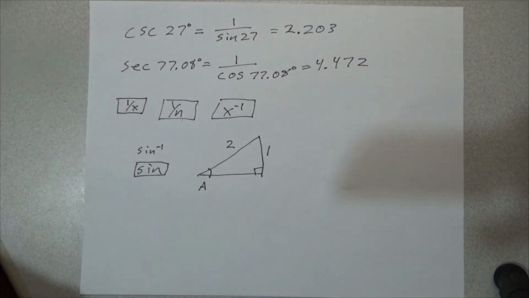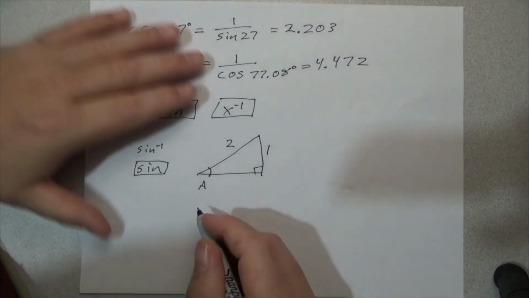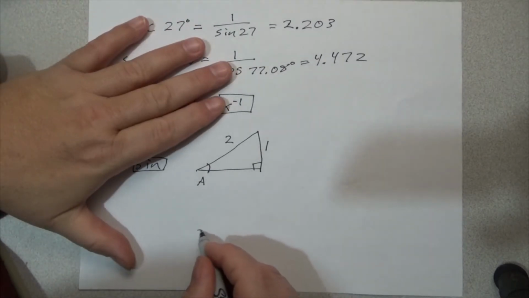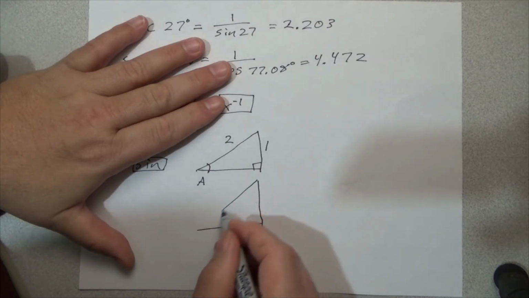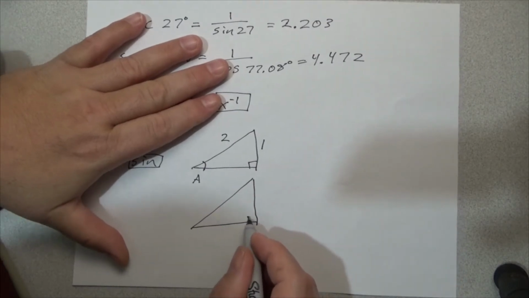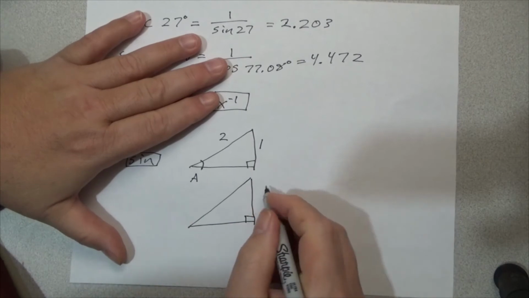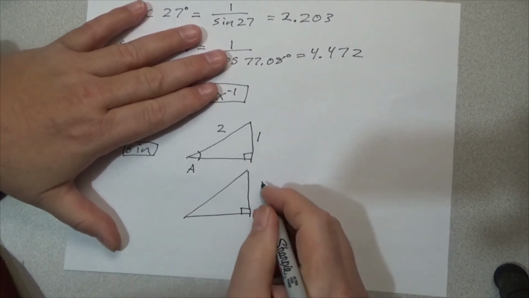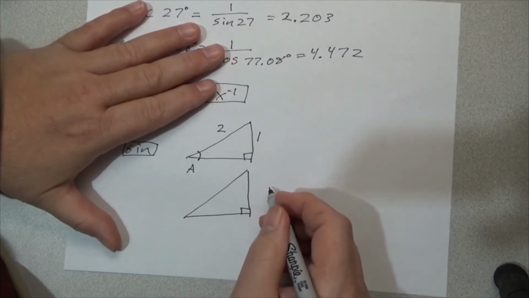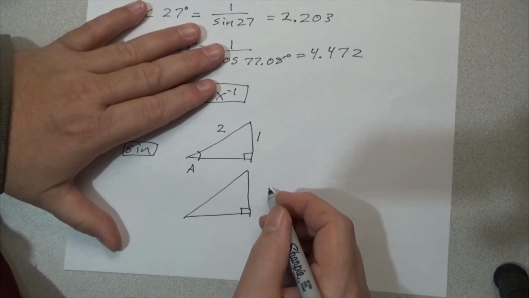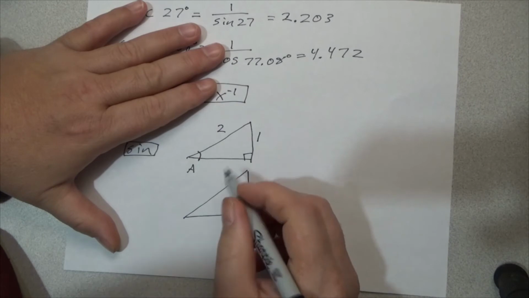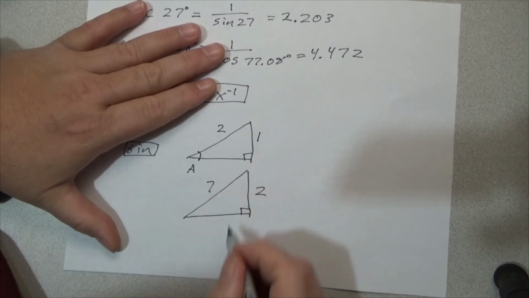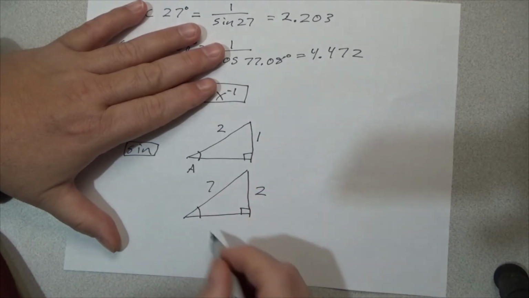Now let's say I've got another triangle, and let's stick with sine for right now. All of my triangles look like 30-degree angles. And let's say that I've got, let's make something up, 2 over 7. Something like that, and I'm looking for that angle.